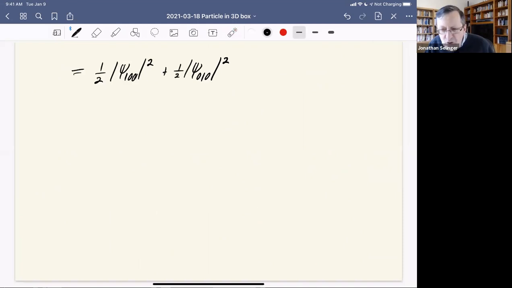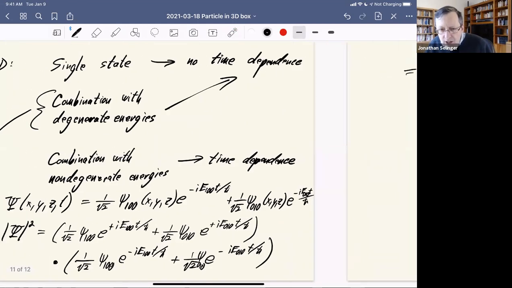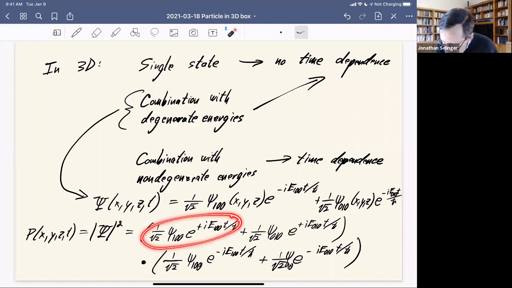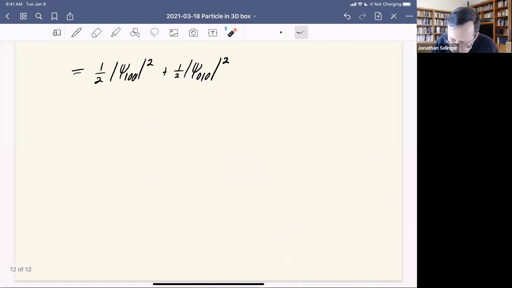Now we have the cross terms. So we have a cross term that is this thing times that thing. Let's think about what goes in the time dependence there.